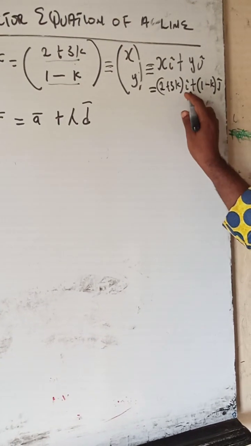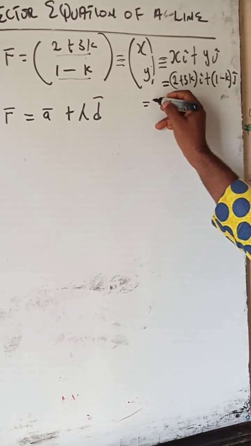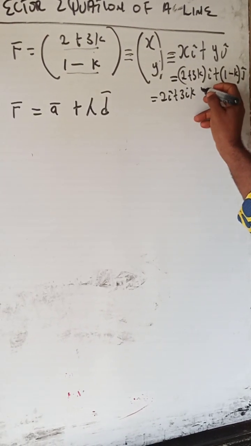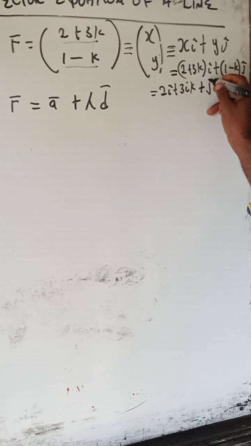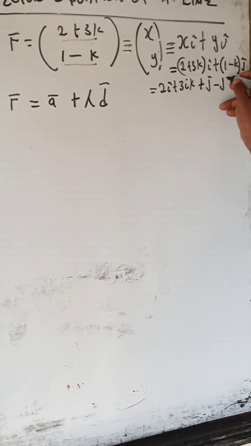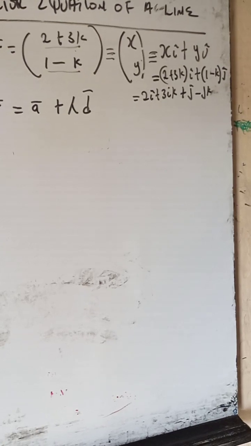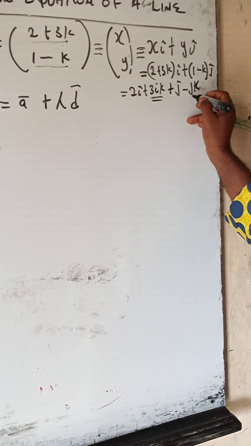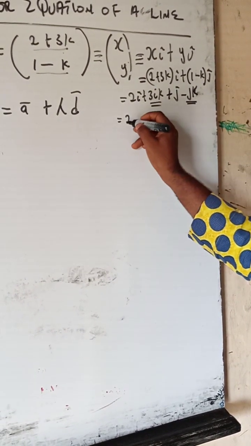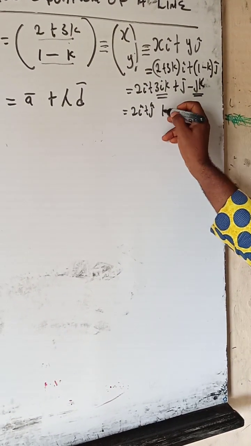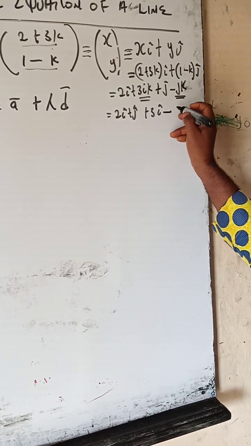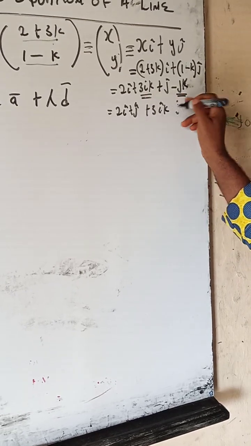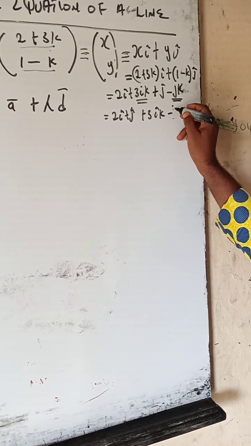Now, let's open this bracket. We are going to have 2i plus 3ik plus j minus jk. Now, if we take the terms in k together, we can have something like 2i plus j, then plus 3ik minus jk.